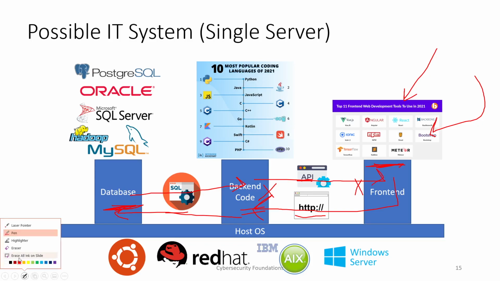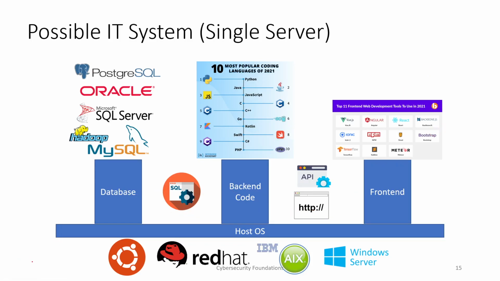So why do we need, from a security perspective, to understand how applications are formatted? Because in each layer that you have, you could have a security risk that could impact the overall application.